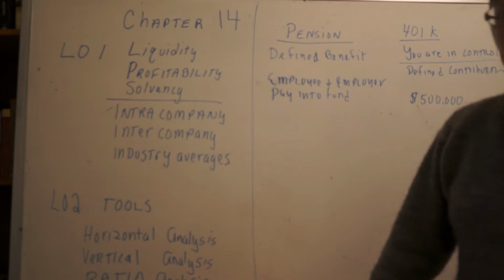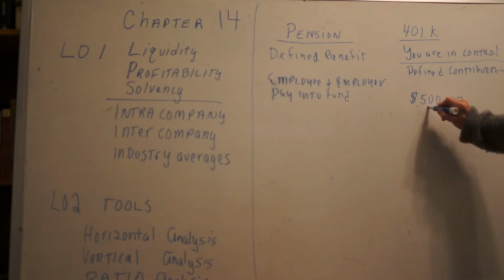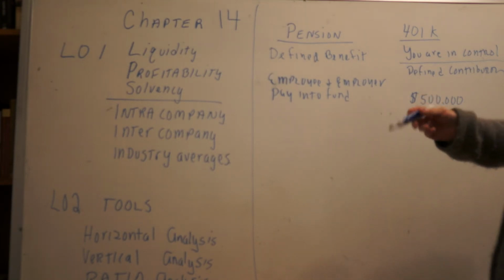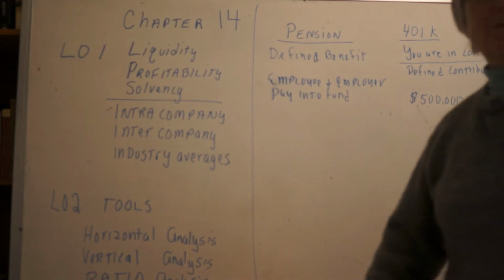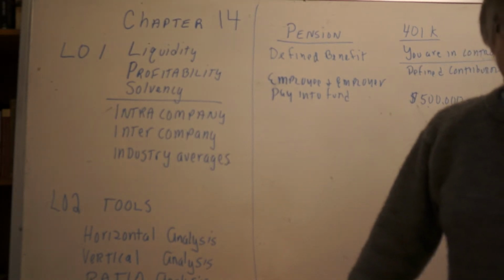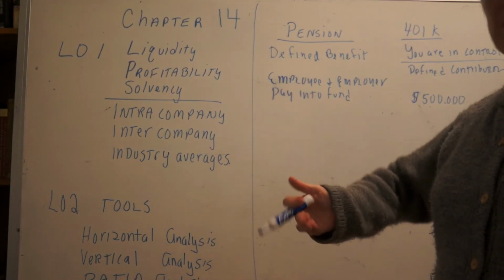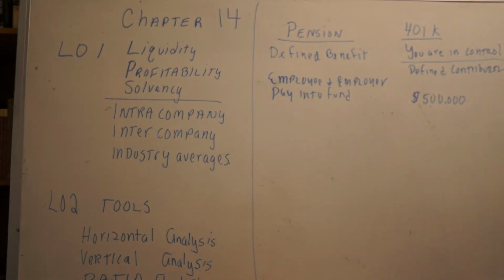The only problem is that this is all you get, and so if that runs out before you happen to die, well, that's too bad, okay? With the pension, they have to pay you no matter what happens. But with the 401k, you've got the set amount of funds, and it lasts as long as the funds last, and then that's it. And then you just stop eating and paying the rent.